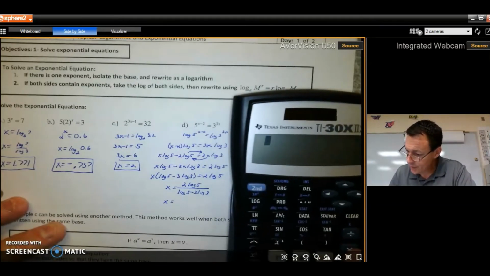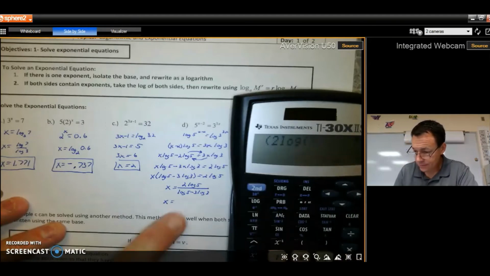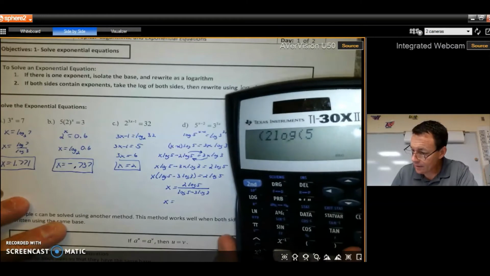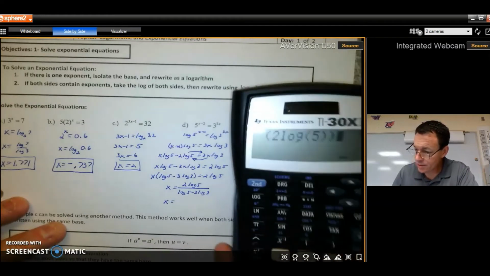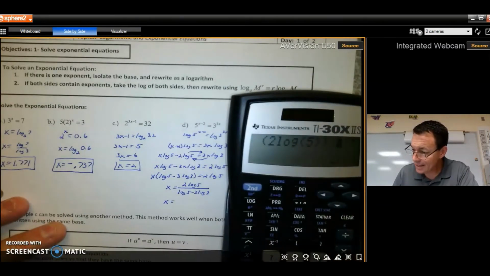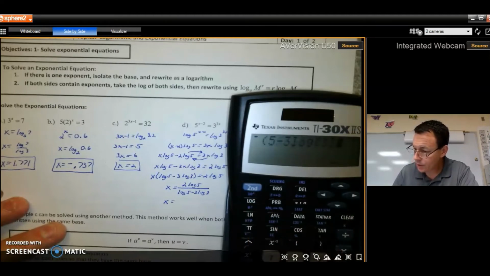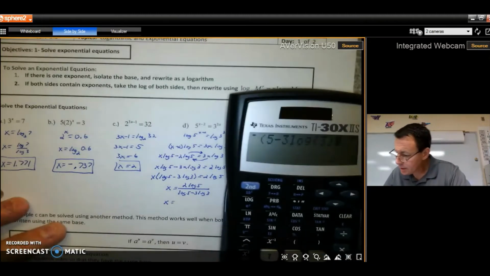clear this. So I'm going to put parentheses just in case. So parentheses 2 log. Now I use the common log, so I can just use my common log button. 5 parentheses divided by parentheses, and then it's going to be log 5 minus 3 log 3, close my parentheses.